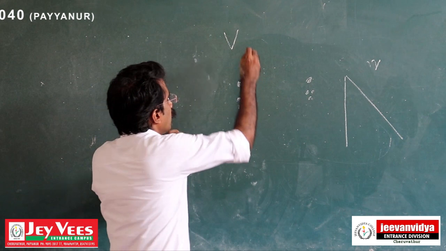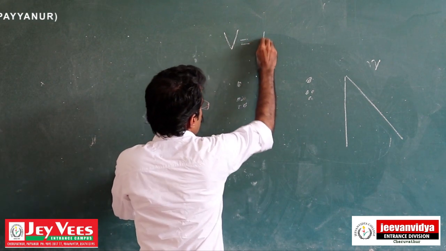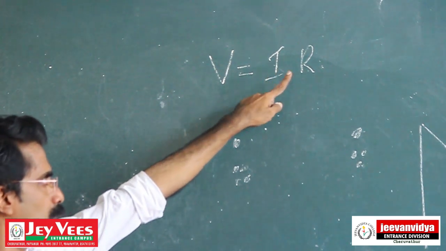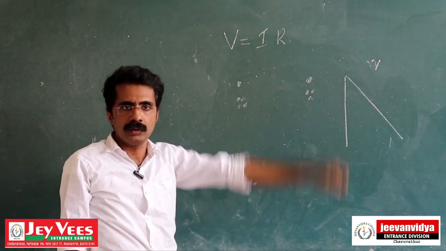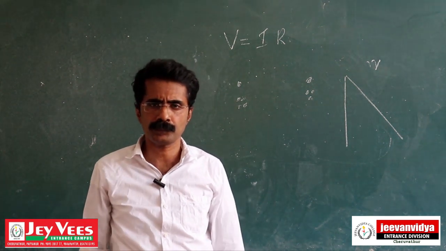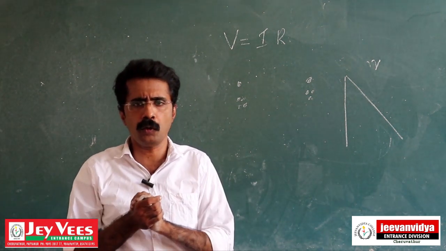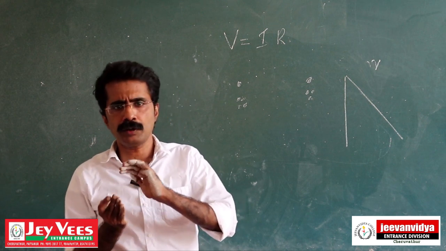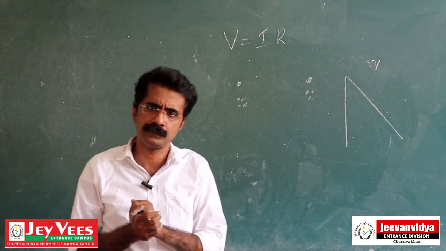Then there is a formula: V is equal to IR. It is obtained from Ohm's law. Ohm's law is a very important law in electricity. What is Ohm's law? Do you know Ohm's law? What is resistance?